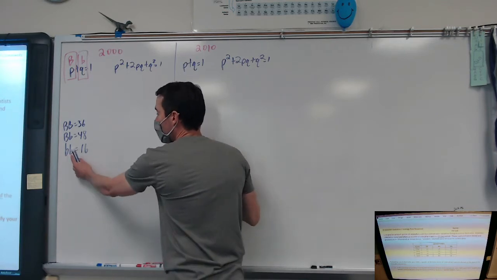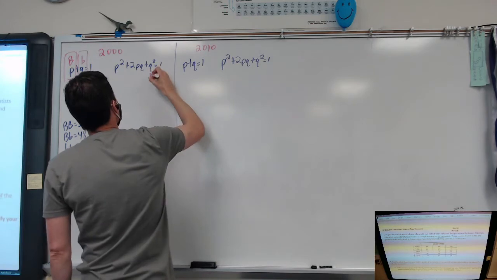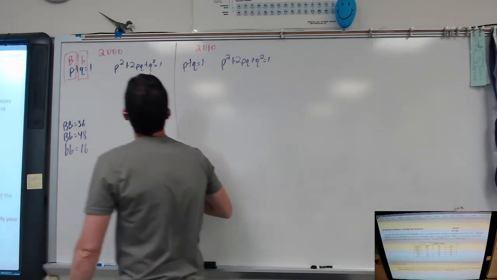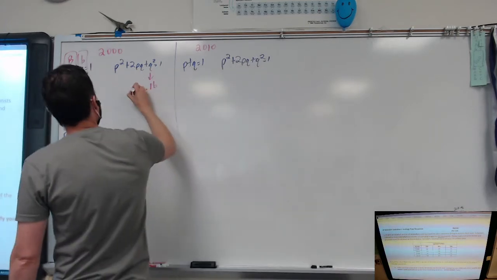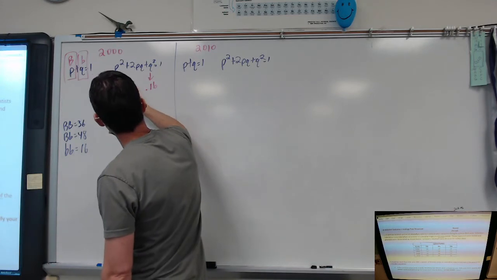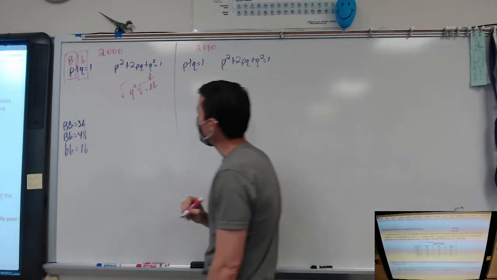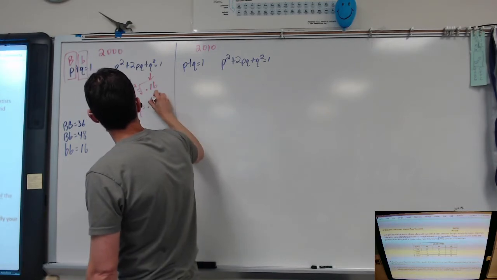I know that little b, little b is 16, which means q² is 0.16. If I take the square root of both sides, I can find q. So q is 0.4.